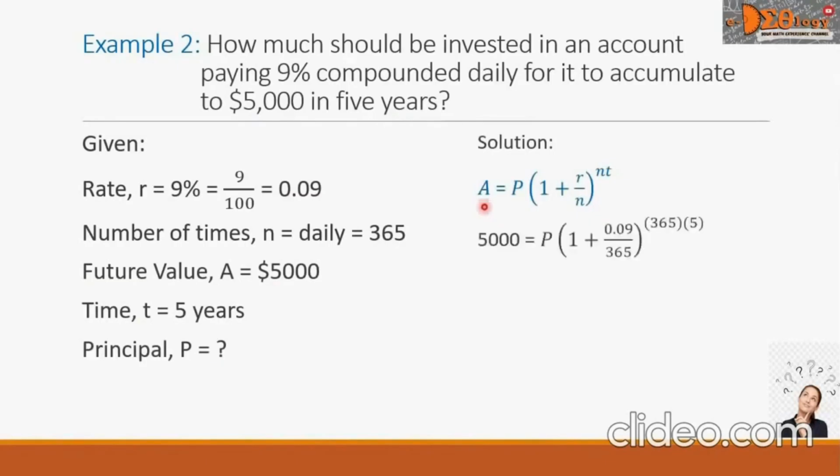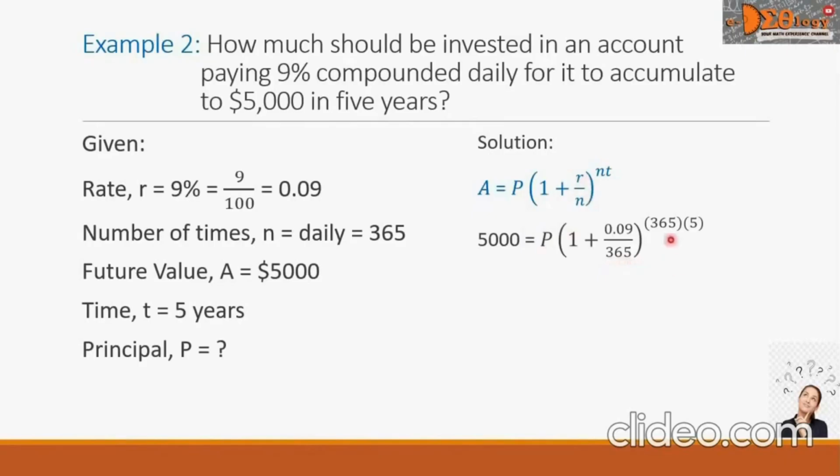The A becomes 5,000 equals P, that is what we want, we will copy it here. 1 is a constant, we will copy that, plus R over N. Our R is the 0.09 over N, that is 365.